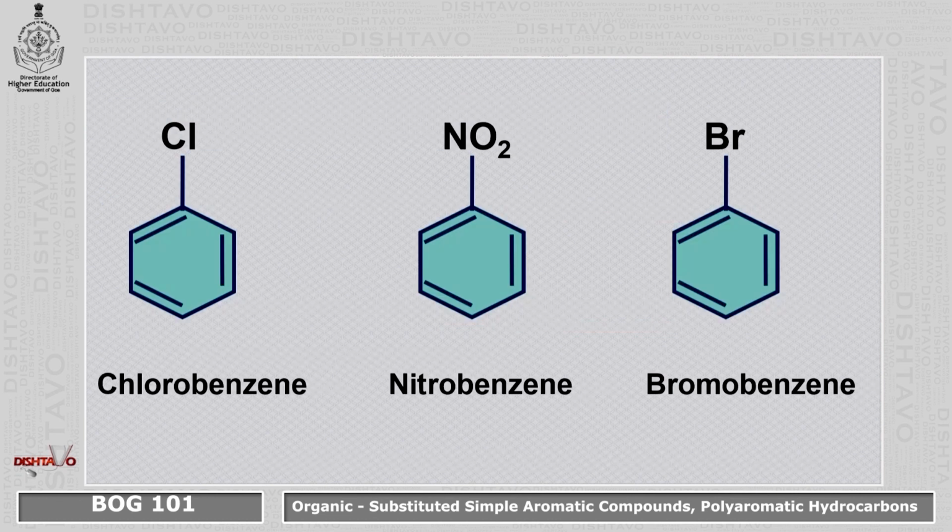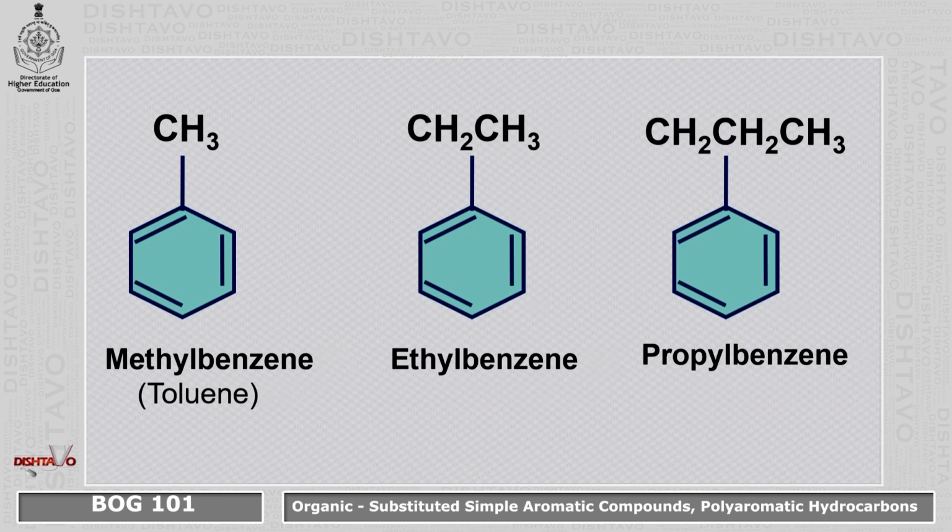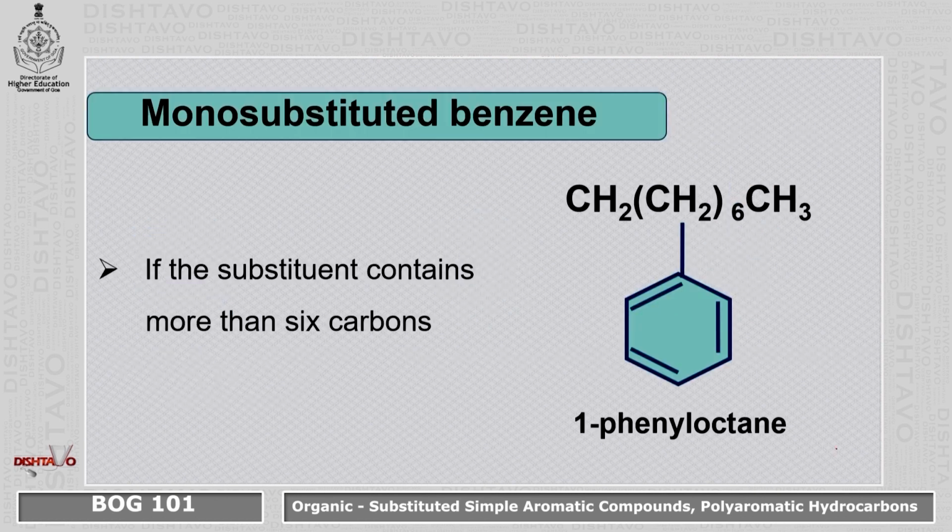Examples: chlorobenzene, where a Cl is added in the replacement of hydrogen. Then we have nitrobenzene and bromobenzene. Then we have methylbenzene, ethylbenzene when an ethyl group is attached, and propylbenzene. These are monosubstituted benzene compounds.